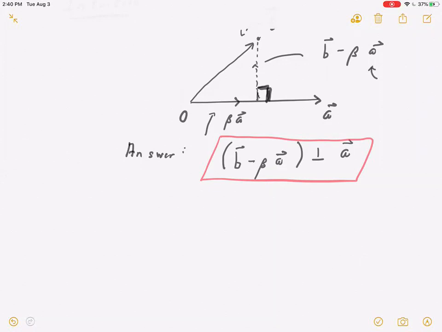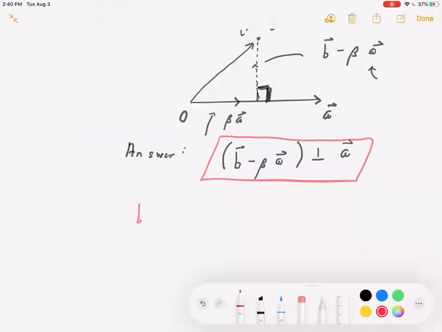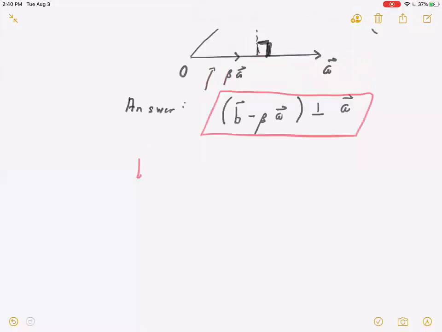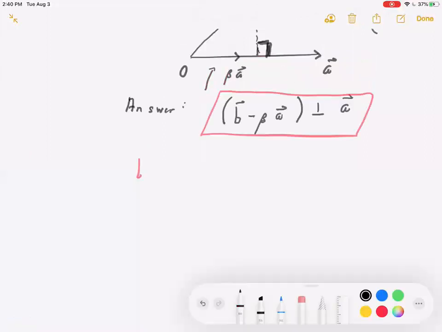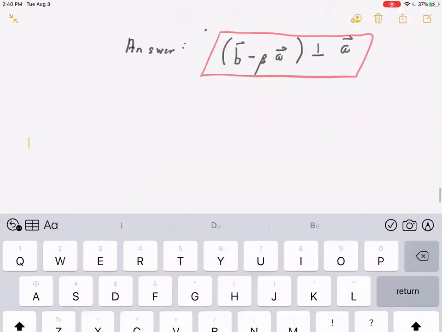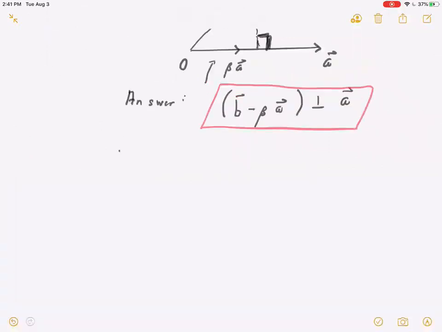Okay, so what does all that mean? Well, I've got a nice equation here, and I just need to be able to run with it and see what it's telling me. So what it's telling me is, in fact, that B minus beta times A dotted into A has to equal 0.